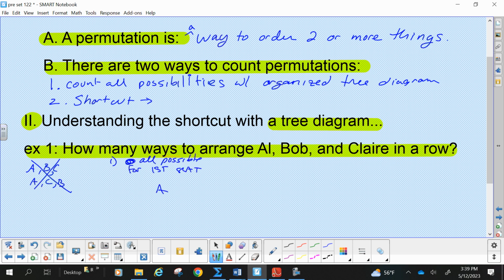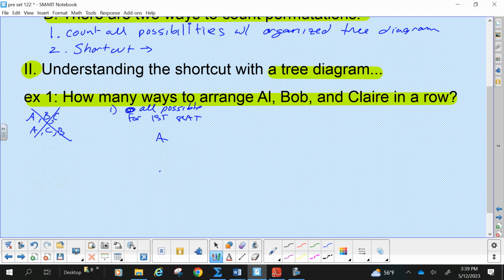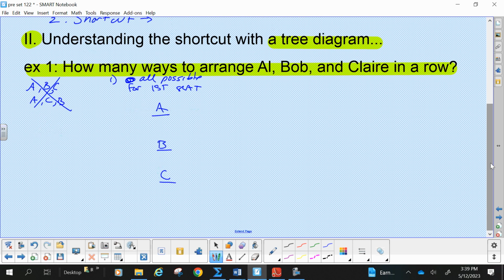Now that could be A, leave yourself a little space, then B, then C. Now at that point then, in that first space, you had three choices. With me? Now the bottom will be where the shortcut comes in.